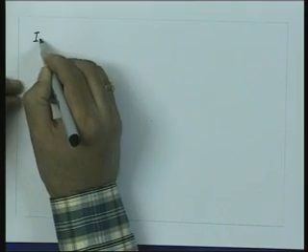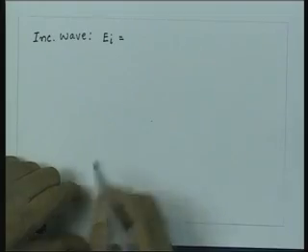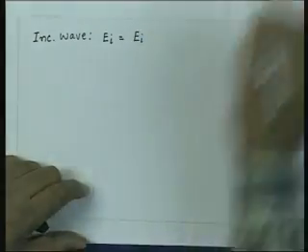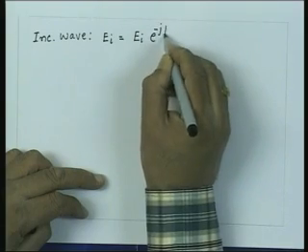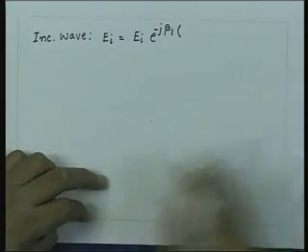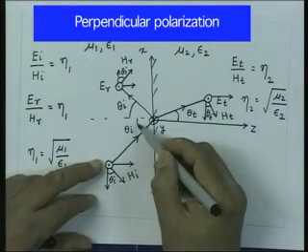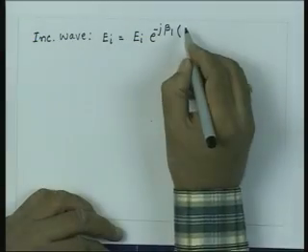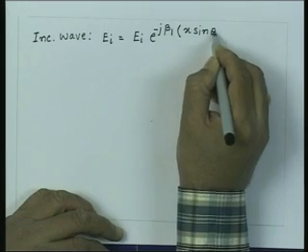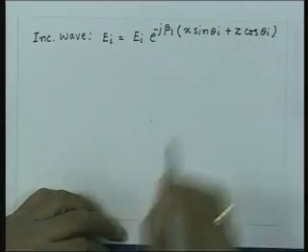So if I take the incident wave, the electric field EI is having some magnitude EI, and it has a phase function which is e to the power minus j beta 1 into, as we saw last time when we wrote the phase function, x times sin of theta I plus z times cos of theta I. So this will be x sin theta I plus z cos theta I.